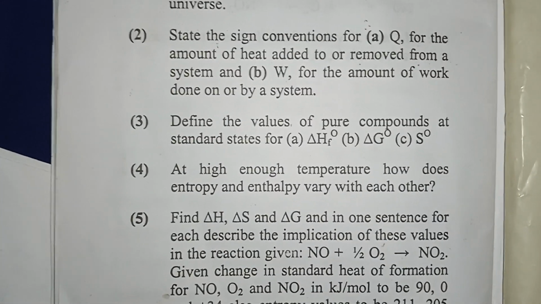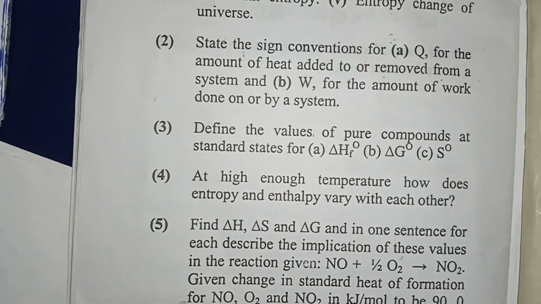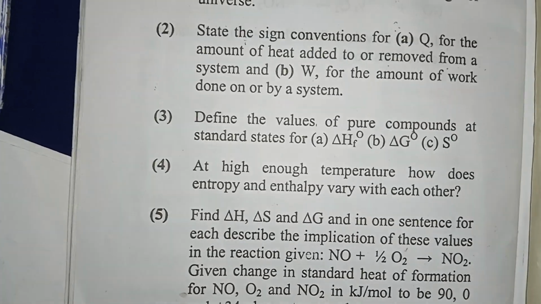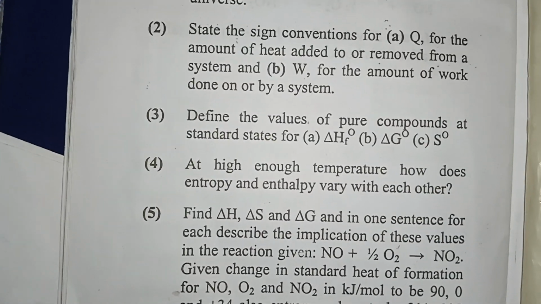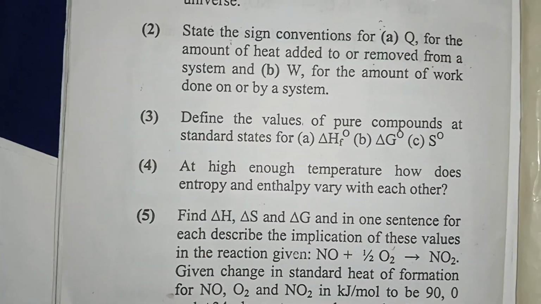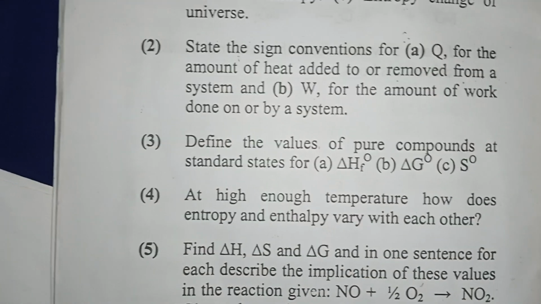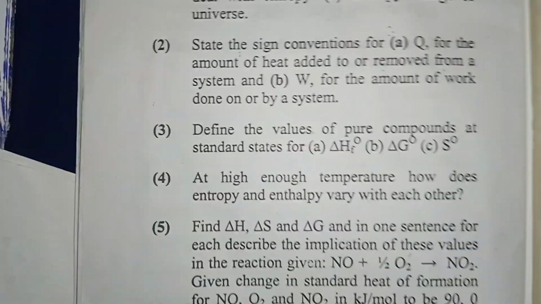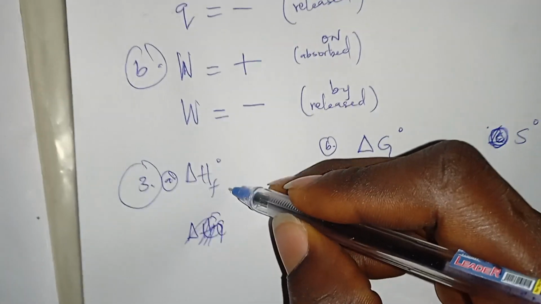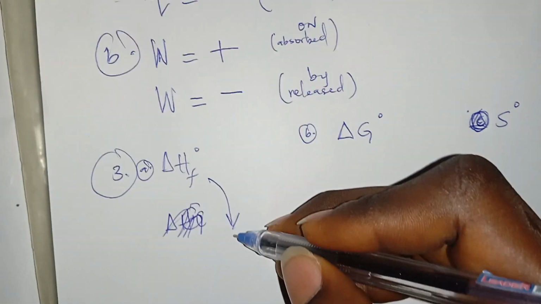Define the values of pure compounds at standard states for delta H, that is enthalpy or heat of formation, and for delta G and delta S. So for pure compounds, that means pure elements.